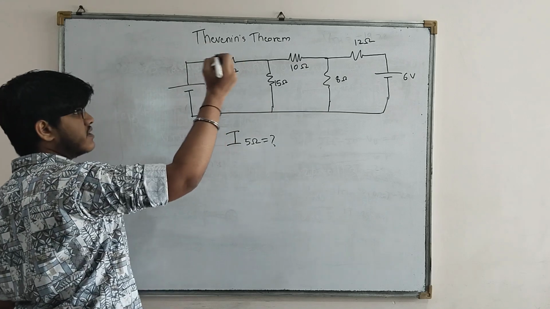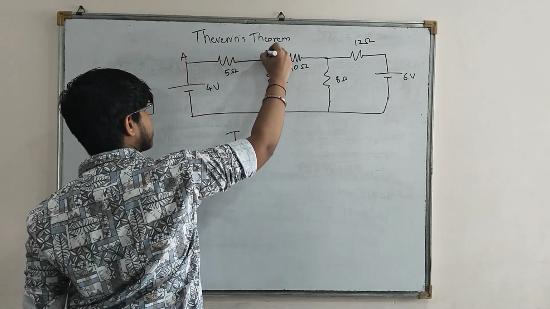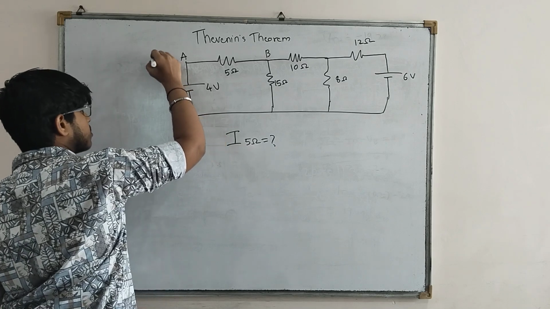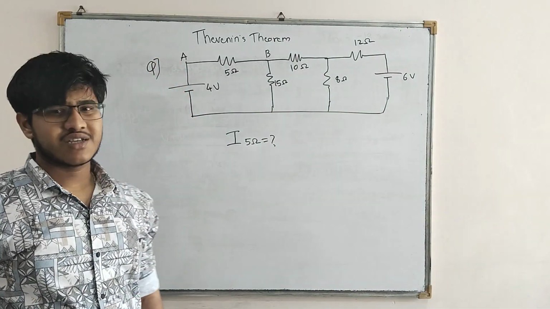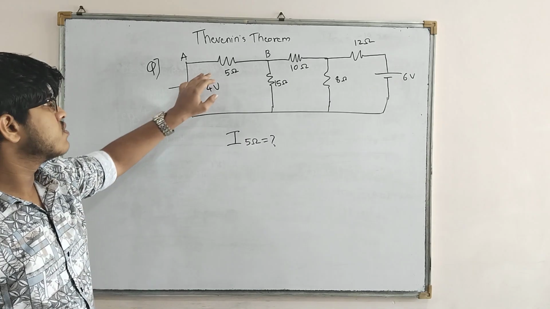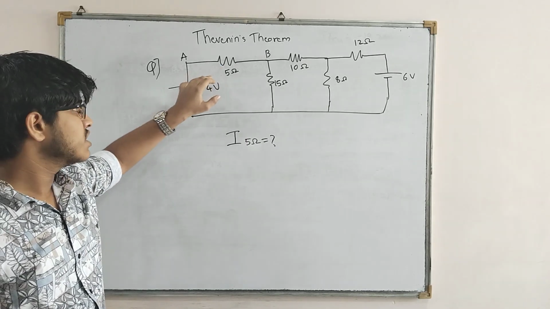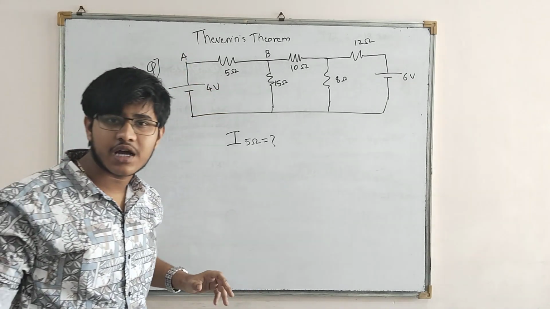So I will give you a hint, that is, this is my A point and this is my B point. So you must solve this question with Thevenin's theorem. I will just explain in small words that in the first step you are going to short this branch and calculate VAB, that is nothing but VTH across that branch.